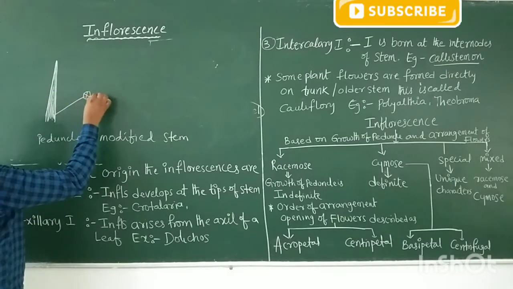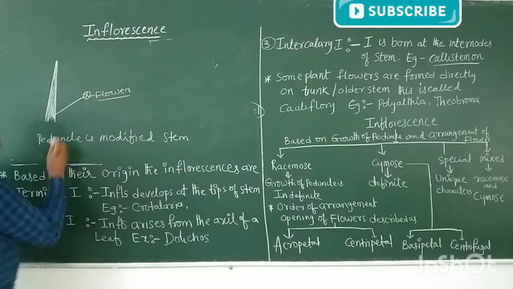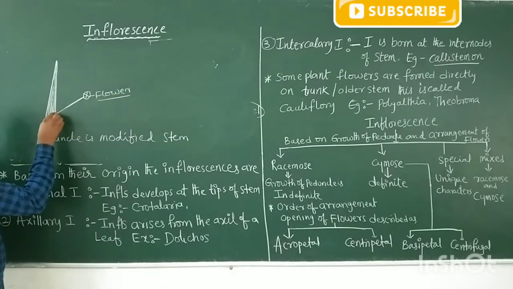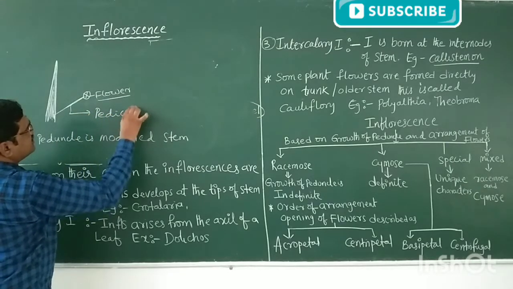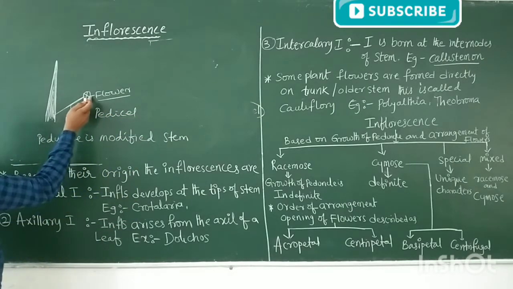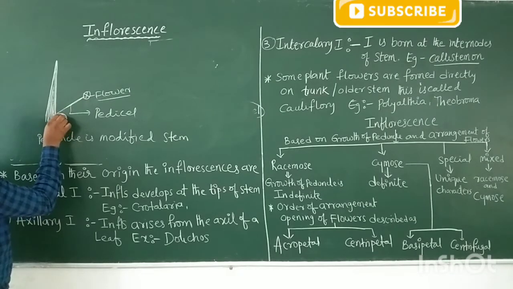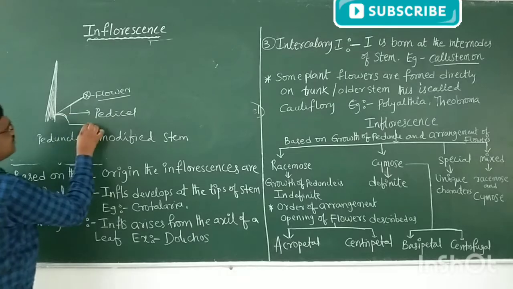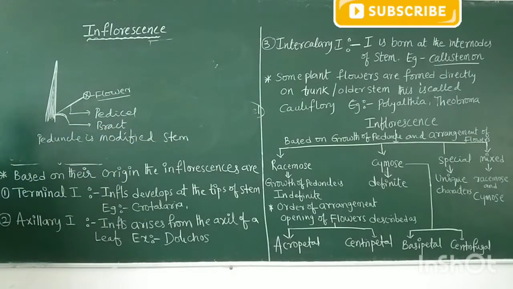This is the flower. Each flower has a stalk-like structure. This is called the pedicel. This flower also has a small leaf-like structure. This is called the bract.